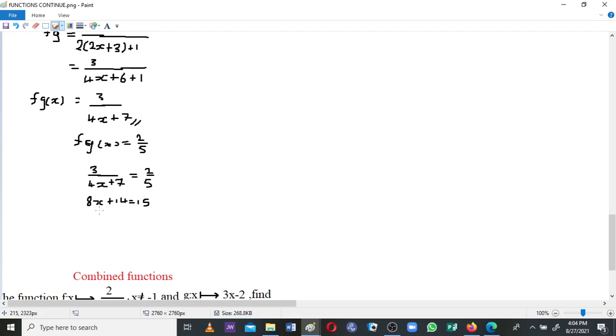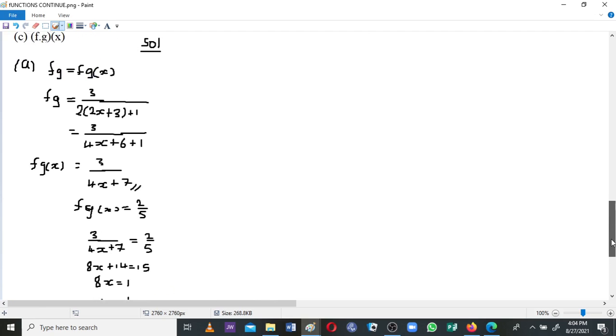So this is going to give you 8x is equal to 1, which will give you x is nothing but 1 over 8. So this is what we are getting. So this is the solution for our first question, that is question A.